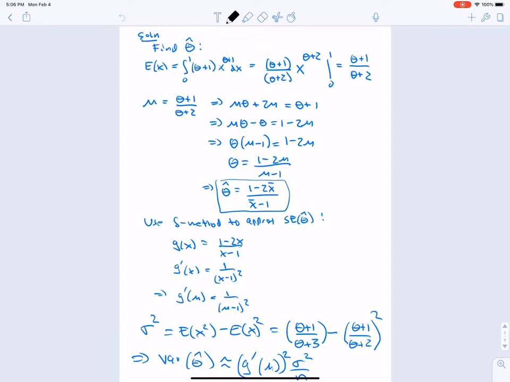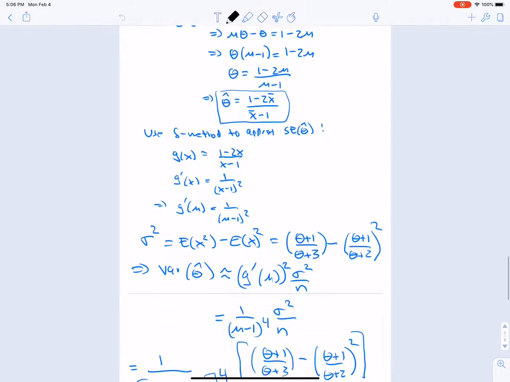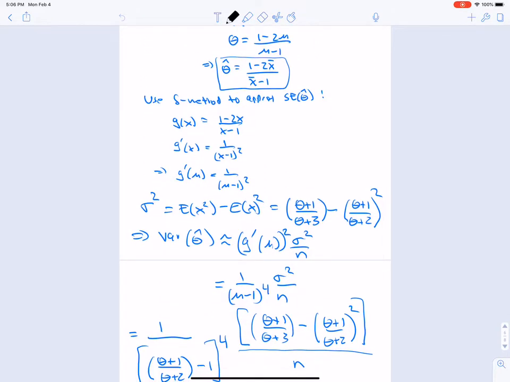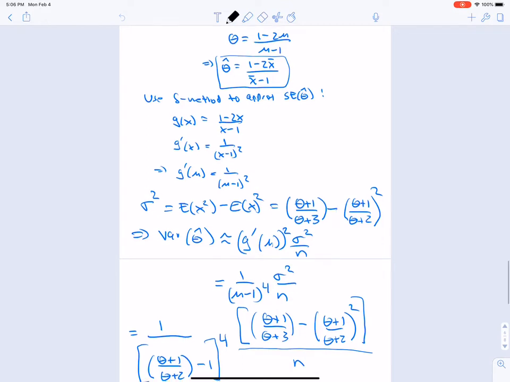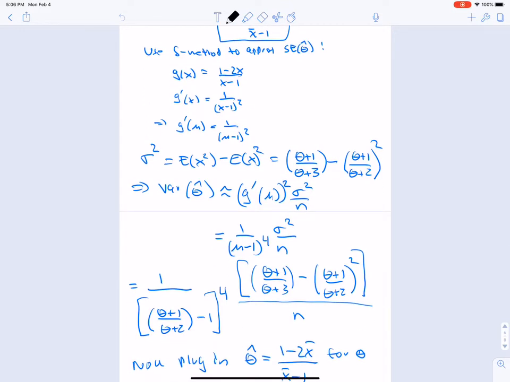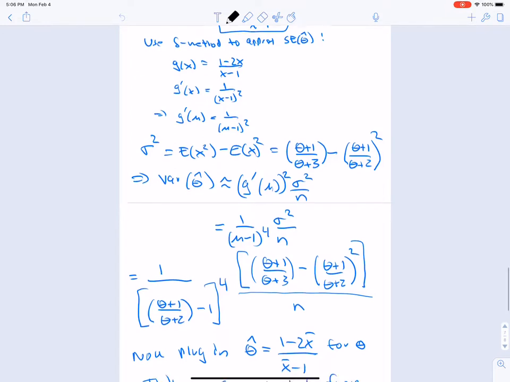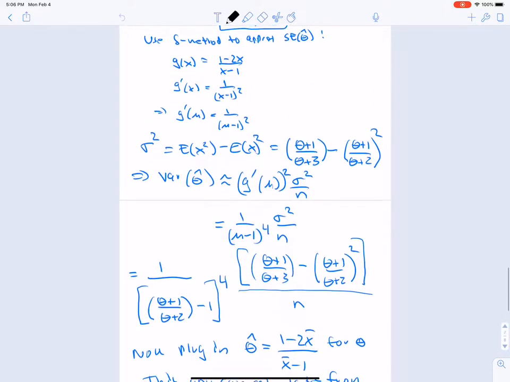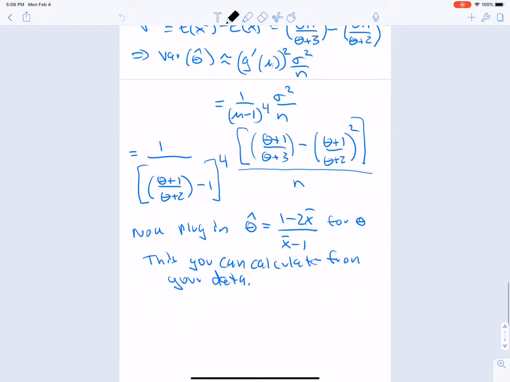To find the SE of the MOM estimator, we're going to use the delta method because it just involves x bar. And so we needed to find g as a function of mu, and then we just use our formula: the first derivative of g applied to mu, quantity squared, times sigma squared over n, and then you plug in the estimator for theta, and that gives you your answer.